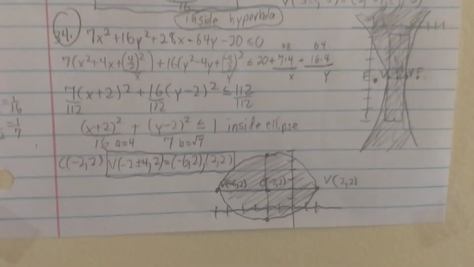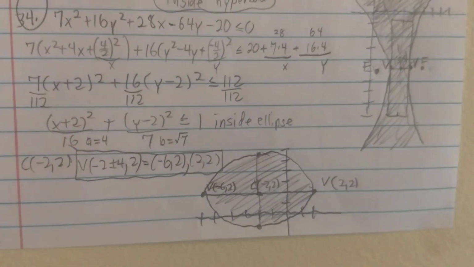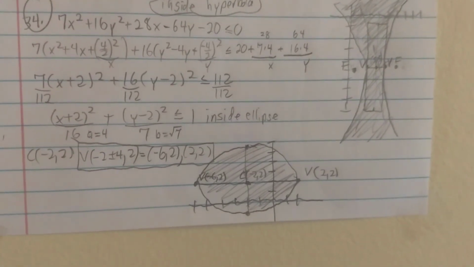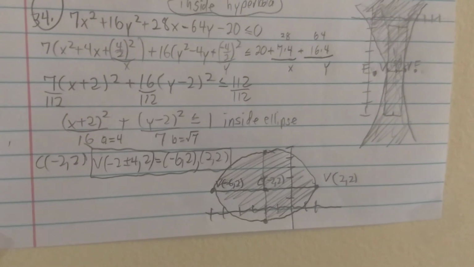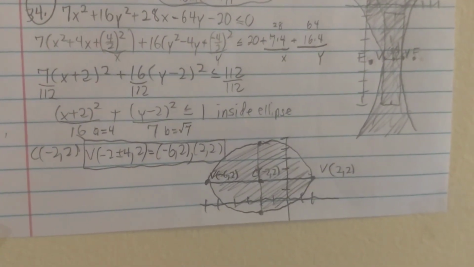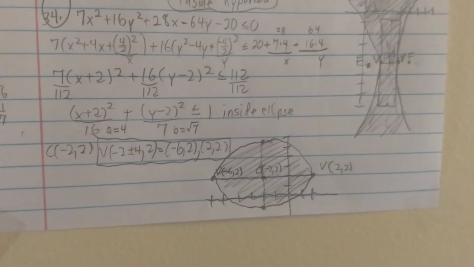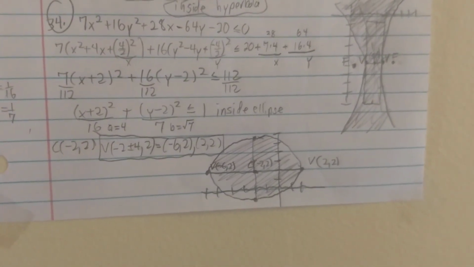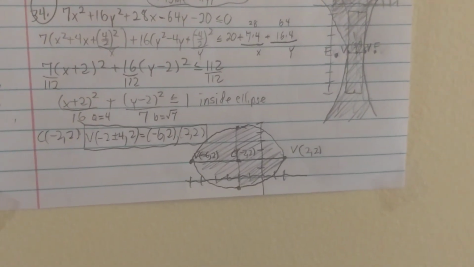Okay, so here we have 7x squared plus 16y squared plus 28x minus 64y minus 20 less than or equal to 0. So for the x squareds, take 7 parentheses x squared plus 4x, 7 times 4 gives me my 28, plus 4 over 2 squared is 4, but it's not 4, it's 7 times 4, or 28 on the right side.